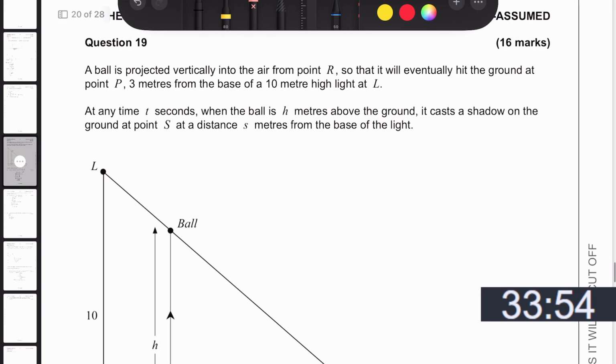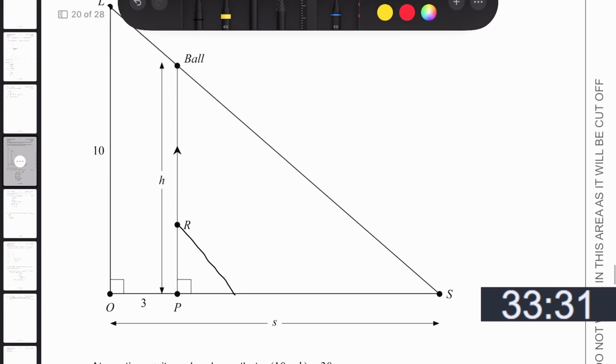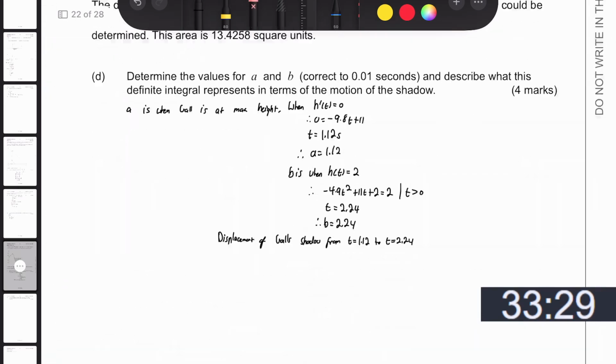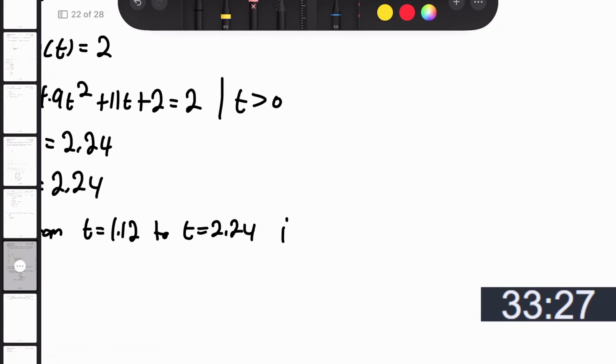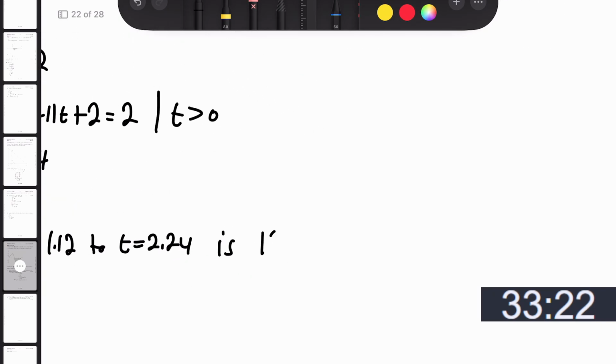But then since it's going to be here and then at rest, change in s is actually going to be the full distance, the length of the shadow, I'm going to say 13.43 meters.